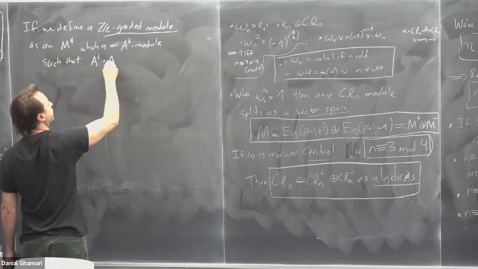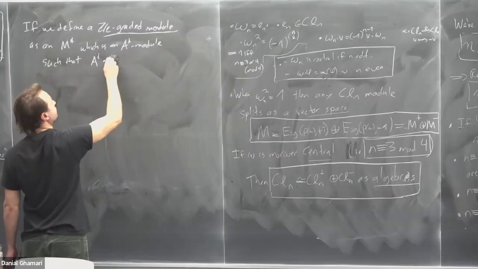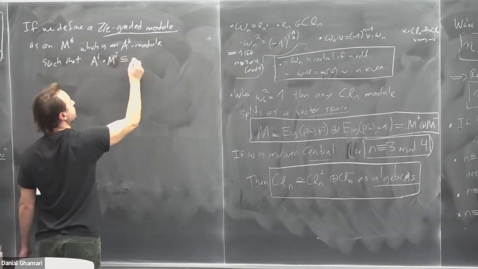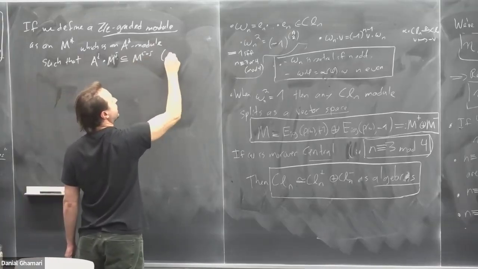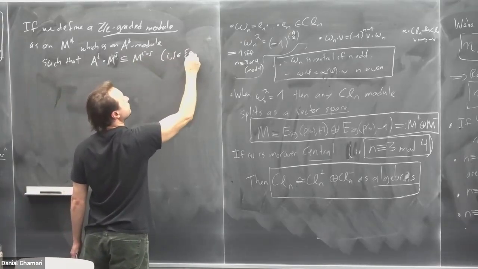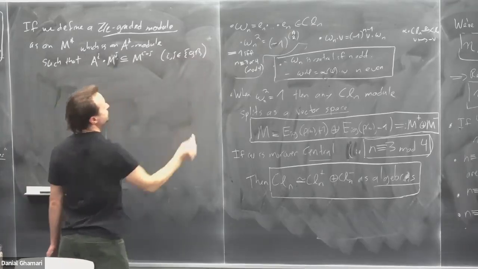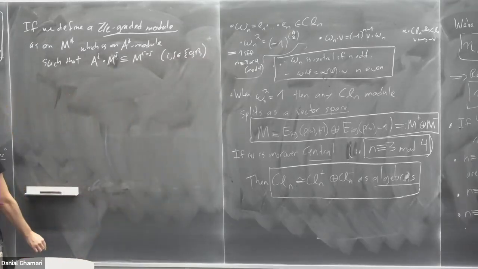So if you take Ai times Mj, this should be in M i plus j. And this is where i and j are 0, 1, considered as an additive group, right?